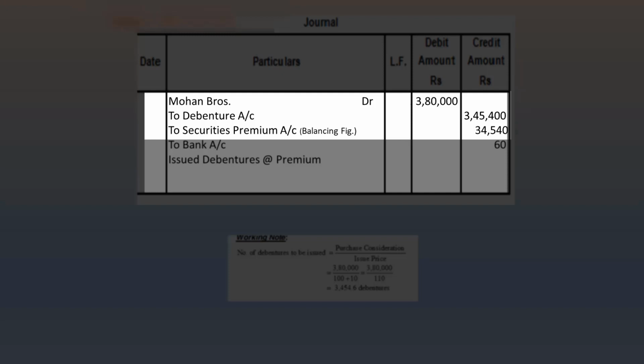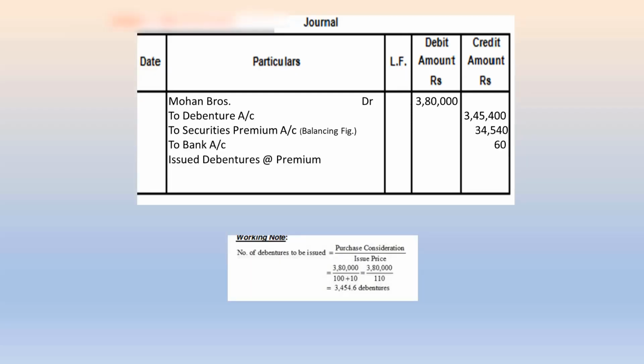This excess is a capital profit and is accounted as securities premium reserve account, which is also the balancing figure. The journal entry reads as vendor account debit to debenture account credit to securities premium reserve account credit to bank account being the refund of the fraction figure.